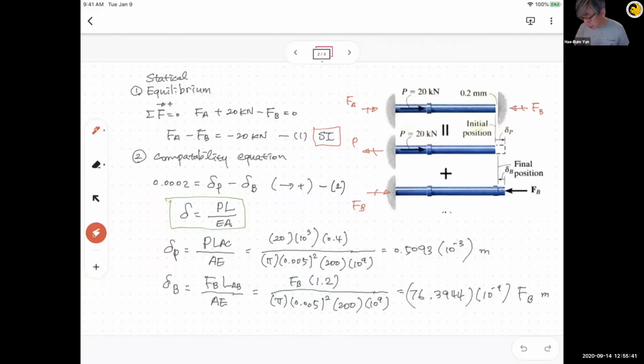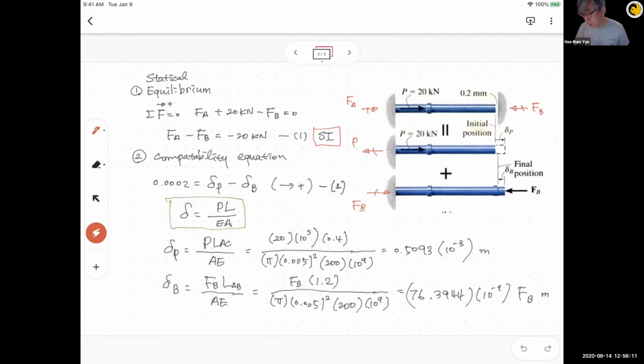I asked how you can construct the statical equilibrium equation, and also I asked about the deformation and how you use the deformation equation and convert that to the compatibility equation.